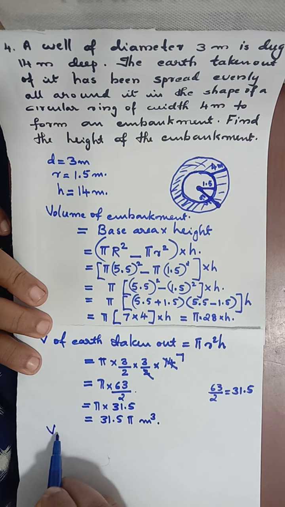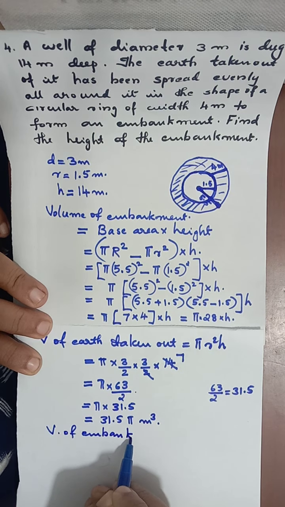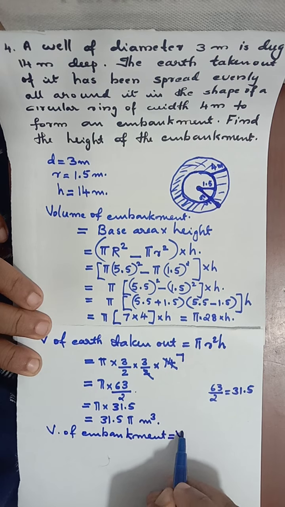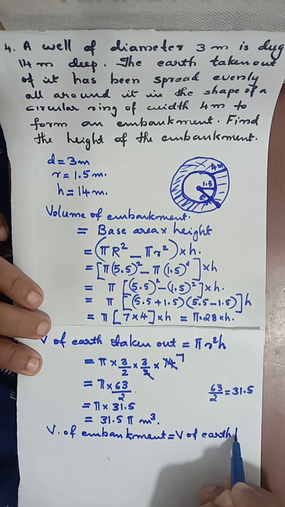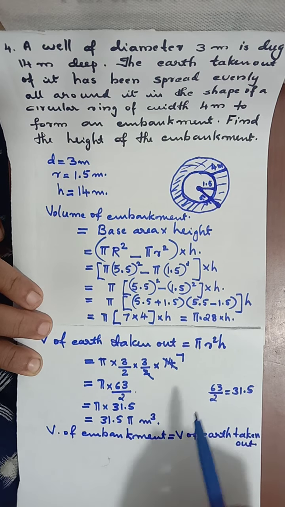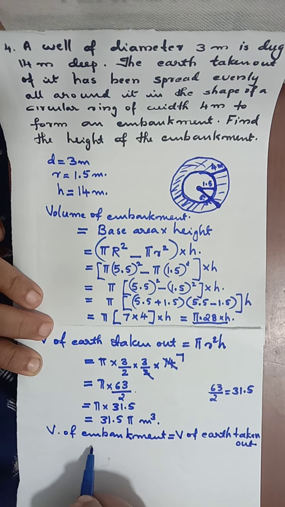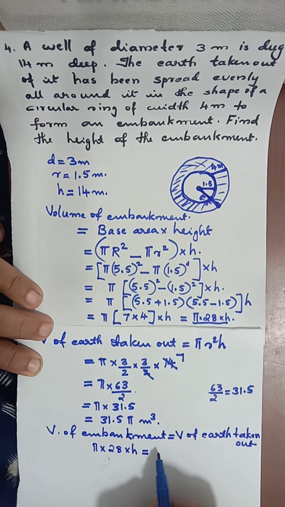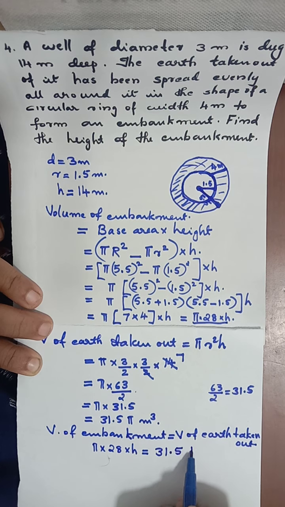So the volume of embankment is equal to the volume of earth taken out. The volume of embankment we have found out here is pi into 28 into h. Pi into 28 into h is equal to the volume of earth taken out, 31.5 pi.